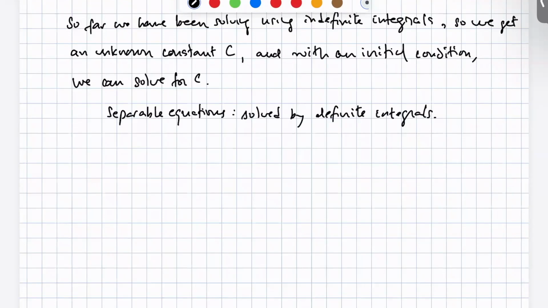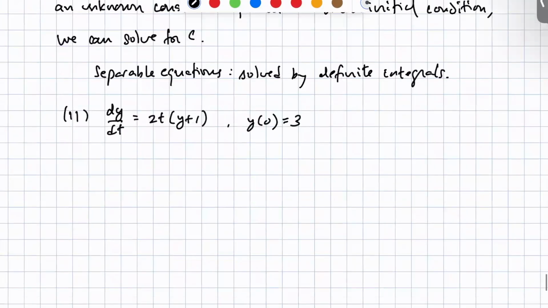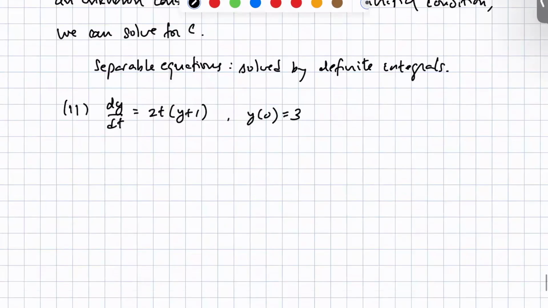All right, so let's take an example. Let's consider dy/dt equals 2t times y plus 1, with y of 0 equals 3. So this is separable. I can take dy over y plus 1 equals 2t dt.